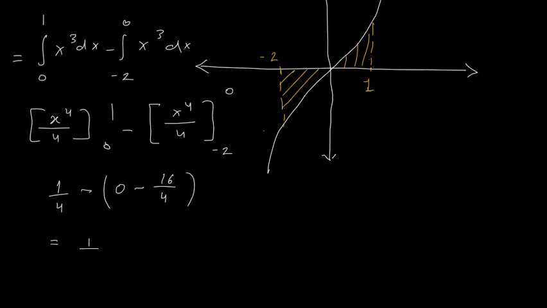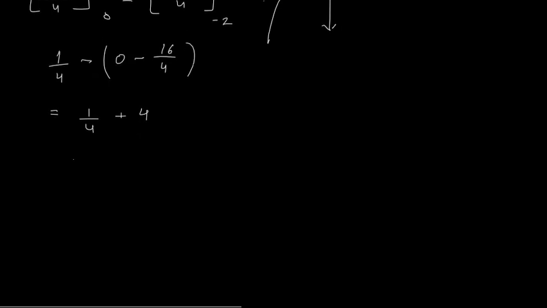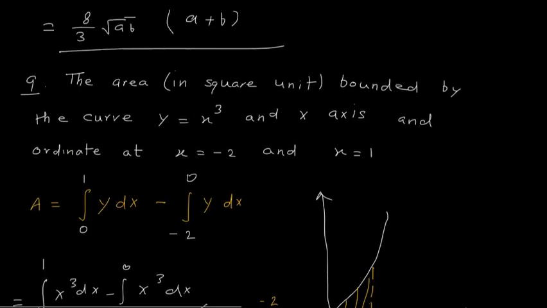So this is 1 divided by 4, this minus minus plus, 16 upon 4 is 4, so 1 by 4 plus 4, 4 4s are 16, 1 is 17, so this is 17 upon 4. So 17 upon 4 square unit is your required area. 17 upon 4 square unit is the area.